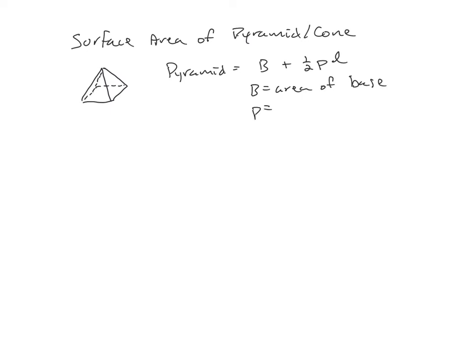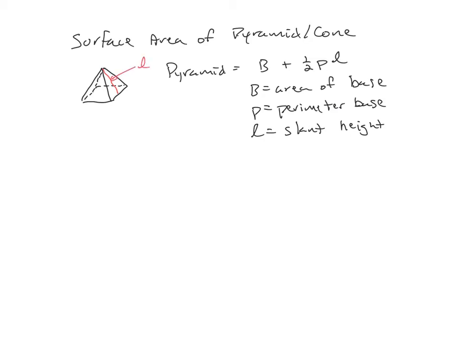The P is still perimeter of the base. So when you see those letters, it's not going to change anything. So this is a new one. L is the slant height. And so the slant height means it's like up the side.